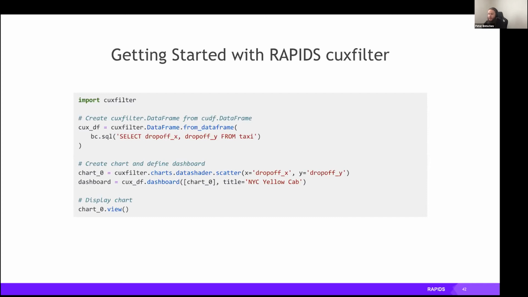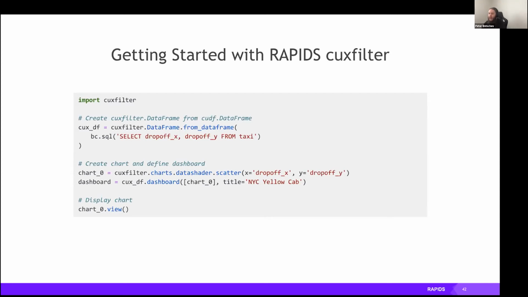We then move on to create a chart and define a dashboard. In this case, we are creating a scatter type of plot that is two-dimensional with X and Y axis based on the drop-off location in the data set.